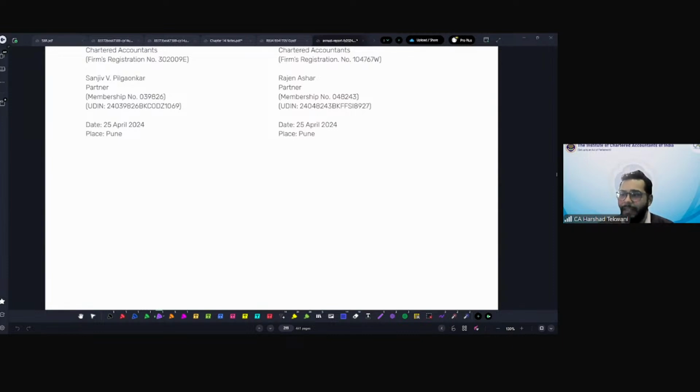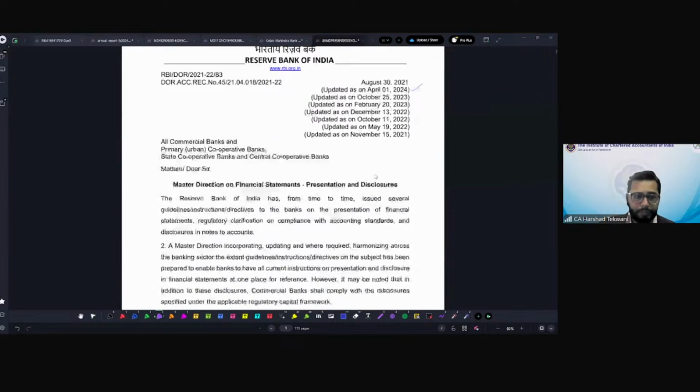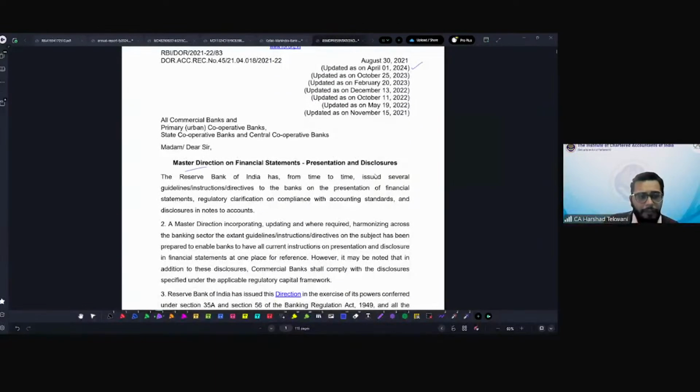So basically, from time to time, RBI issues these master directions which summarize the way of financial reporting. I'm just showing you where it is coming from. Okay, this was last updated on 1st April 2024. This is the master direction on financial statements and presentation and disclosure.